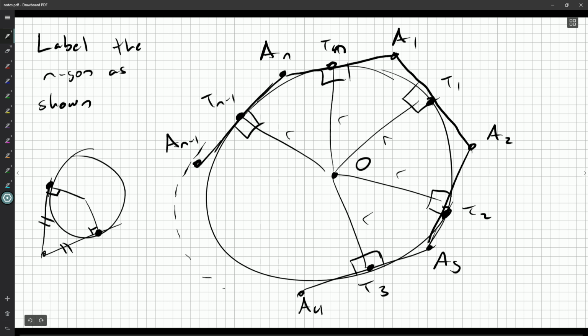But what we can do is we can see, okay, T1 to A2 is the same as A2 to T2. T2 to A3 is the same as A3 to T3. And so on. And so we can give these numerical values. I'm going to say something like Ti to Ai plus 1 is the same length as Ai plus 1 to Ti plus 1.